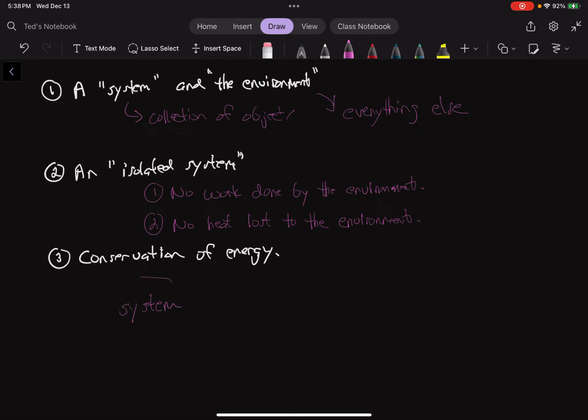We've got this collection of objects, and something in that system changes, right? We have some sort of change in the system, and now we still have our system, but it has gone from its initial state to its final state.